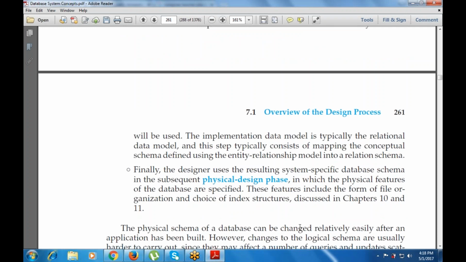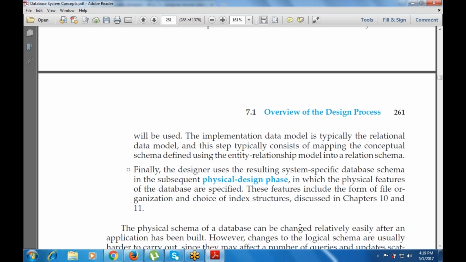The physical schema of the database can be changed relatively easily after an application has been built, because the changes to the physical schema are made by the system analyst.